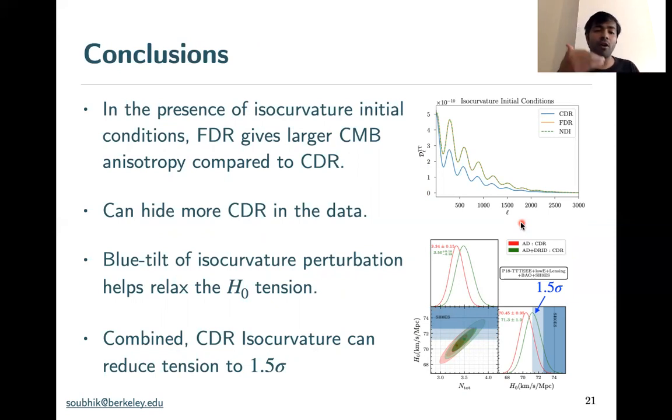And once you also take into account the fact that blue tilted isocurvature perturbation can help relax the H0 tension, all of these facts combined tell us that CDR isocurvature can give you the largest H0 you can have. In particular, it can reduce the tension with the local measurement up to 1.5 sigma. So, with that, these are just the basic features, and of course, along with all of this, we also have the full results for the MCMC constraints both for CDR and FDR.